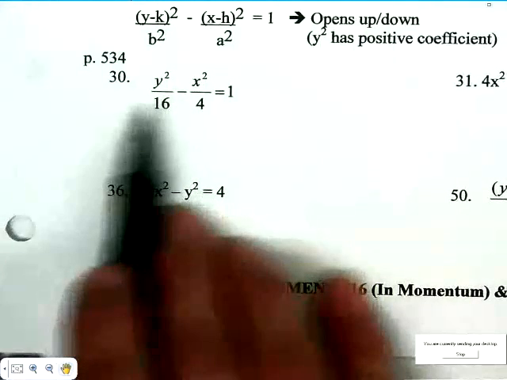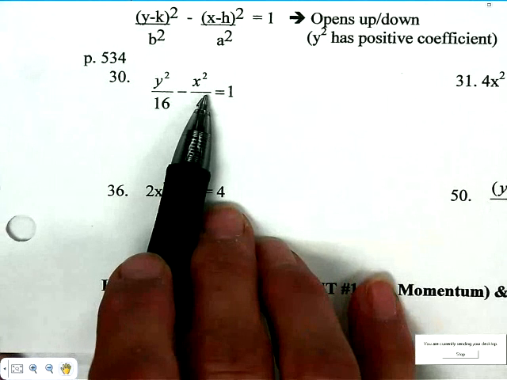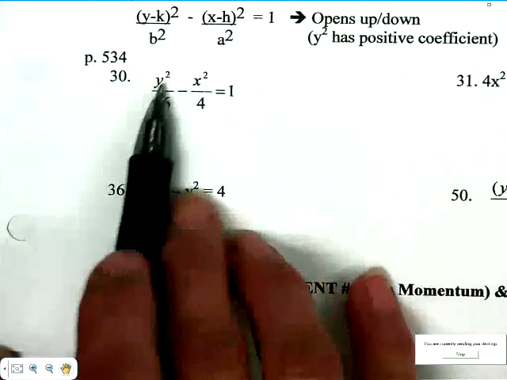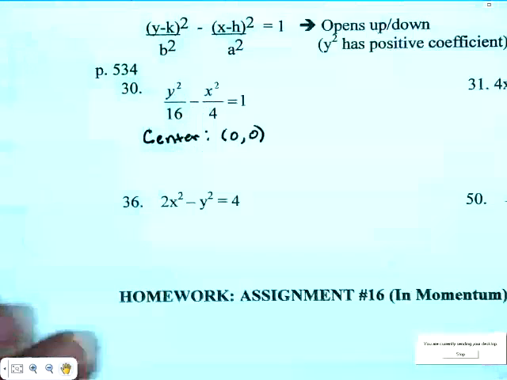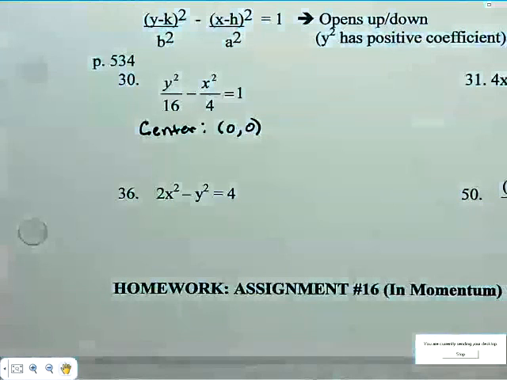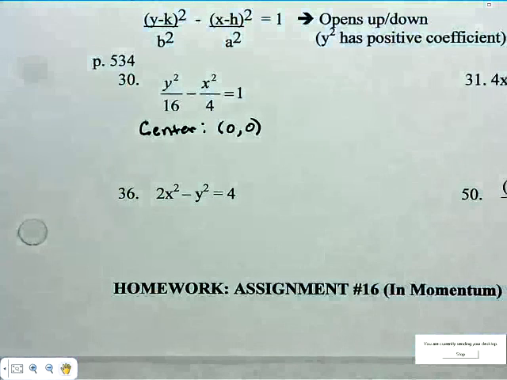And it's in that perfect form where I can just look at it and tell you that the center of this hyperbola is 0, 0. There's no horizontal shift or vertical shift. Does it open up and down or left and right? Look at the coefficient that's positive. The y squared has a positive coefficient. If the y squared is positive, it opens up and down.